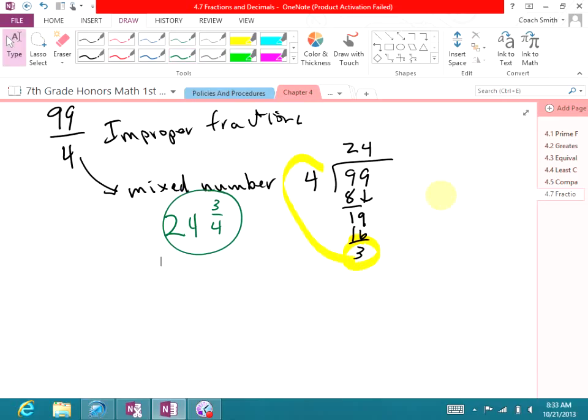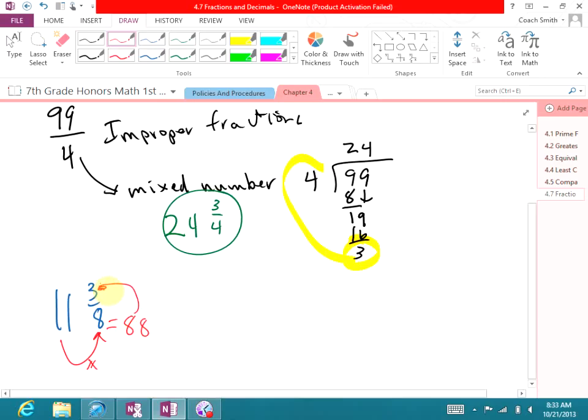So that's how we would change an improper fraction to a mixed number. How you change a mixed number to an improper fraction is just the reverse of that. For example, if I had 11 3/8, we take 11 and multiply it by 8. That's going to be 88. Then I take 88 and add 3 to it. That'd be 91 over 8.